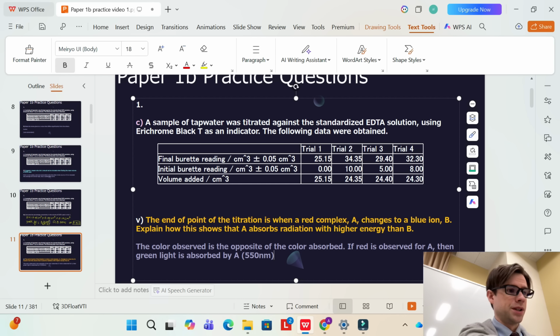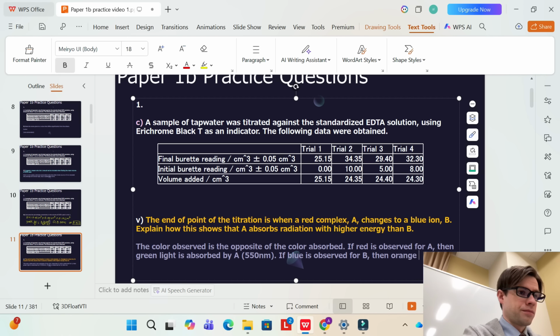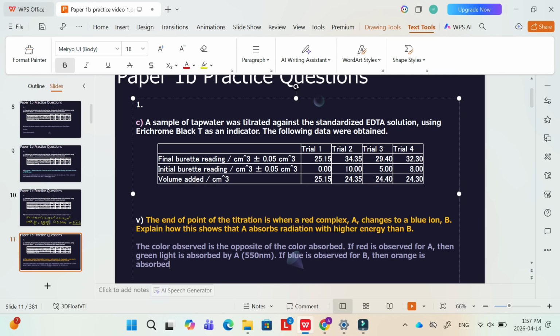So opposite of red is green. Conversely, if blue is observed for B, then orange is absorbed, that's the opposite color, by B. And that wavelength is about 600 nanometer.